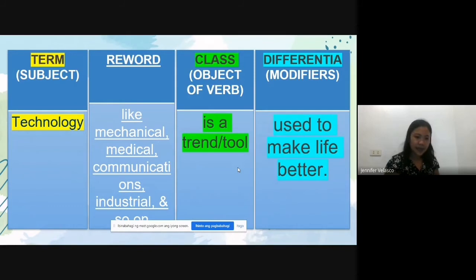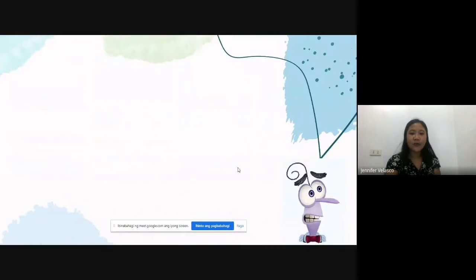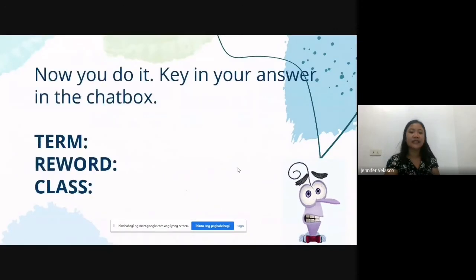The reward part is the underlined words. The class is, of course, your verb down to the object of the verb, and the rest is what you call the differentia. I know that you are now ready for the second sentence. This time you tell me the term, the reward, the class, and the differentia.